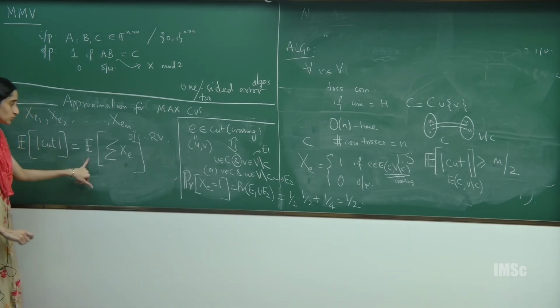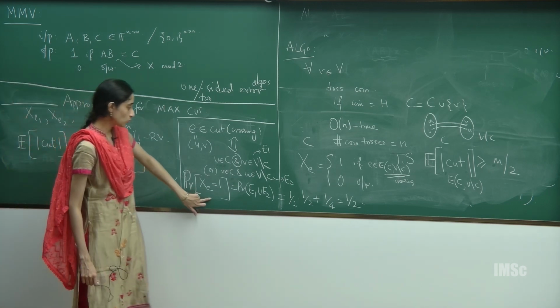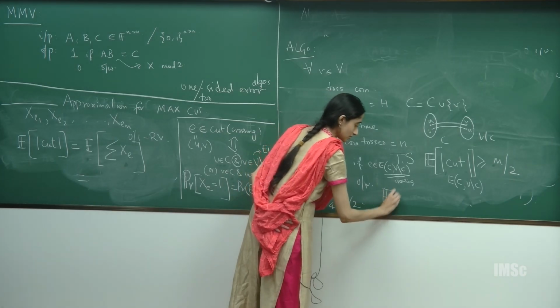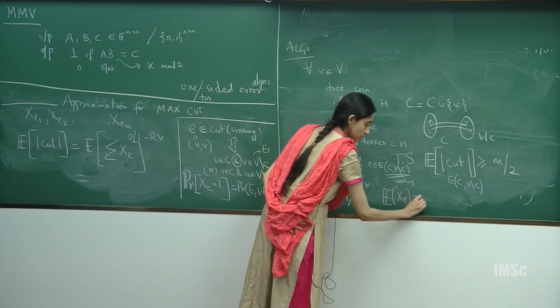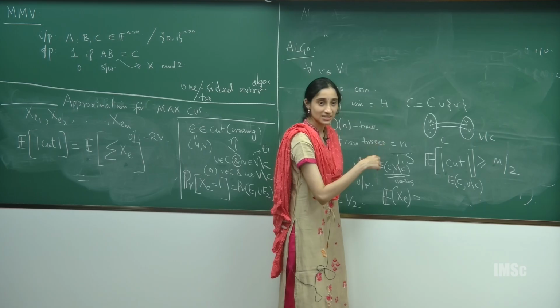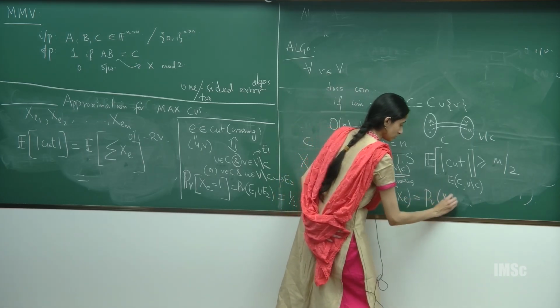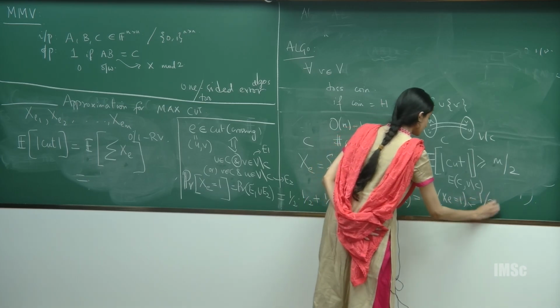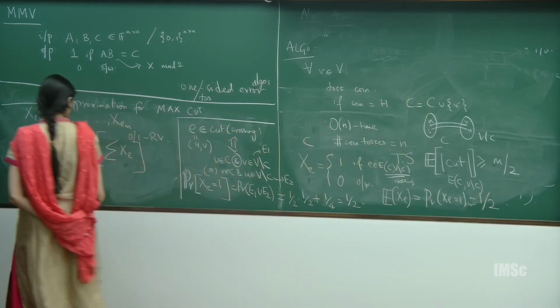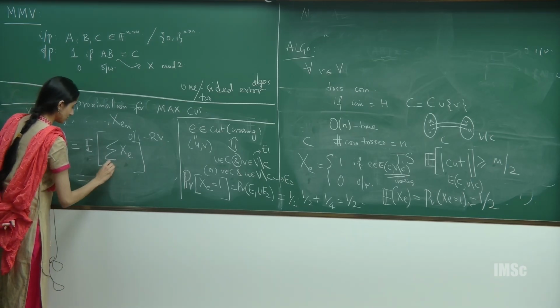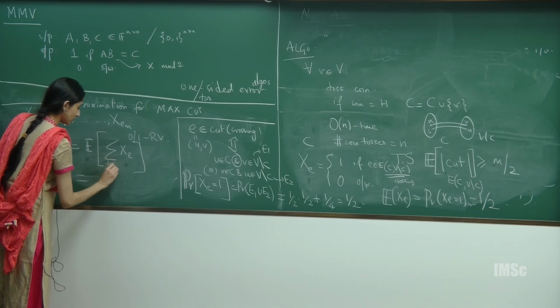So now what can you do? I know the probability that XE equal to 1. It's a 0, 1 random variable. So what is the expectation of XE? Expectation is same as probability, right? If it's 0, 1. Okay. So now what do you do? So this is X1 plus X2 plus, let's say I number.